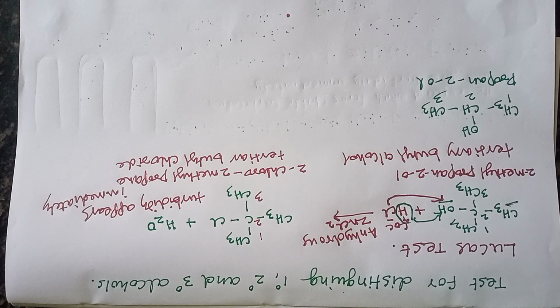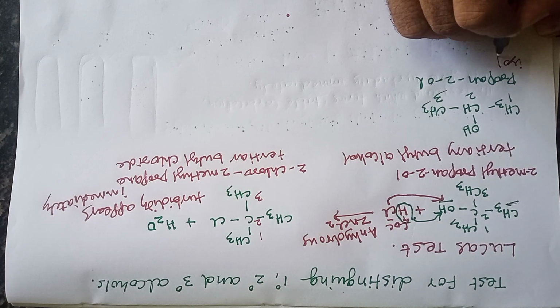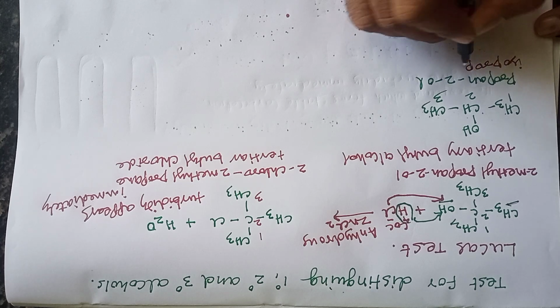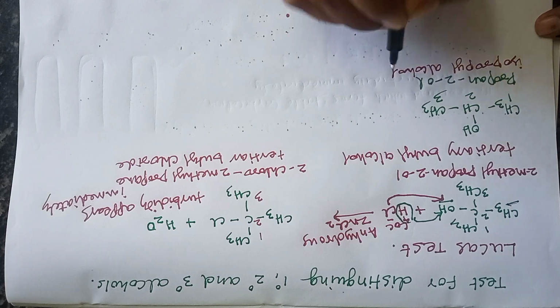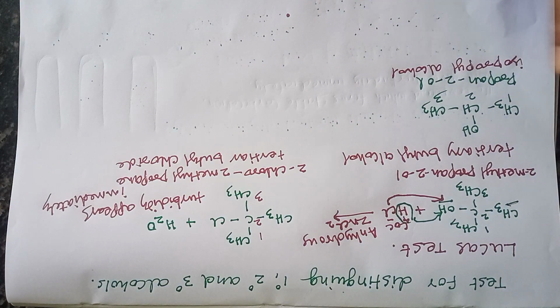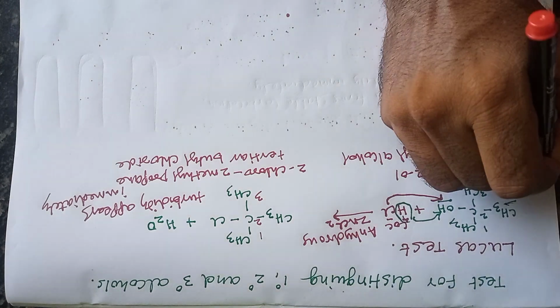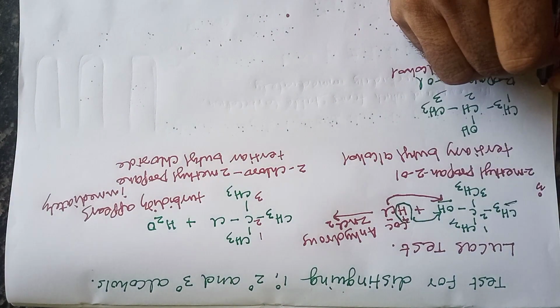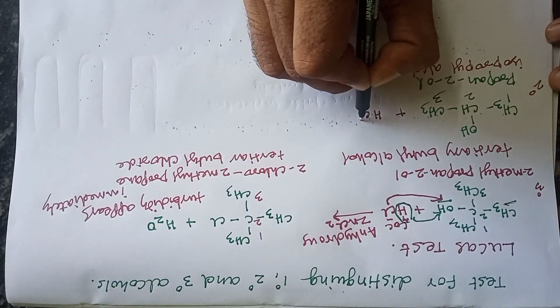The IUPAC name is propan-2-ol. This is a secondary alcohol.